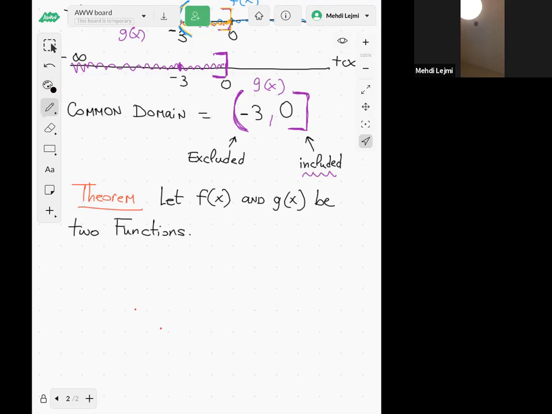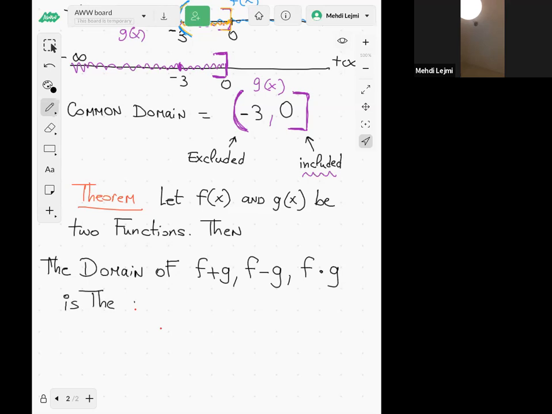Then the domain of f plus g, f minus g, or f times g is the common domain to f and g.